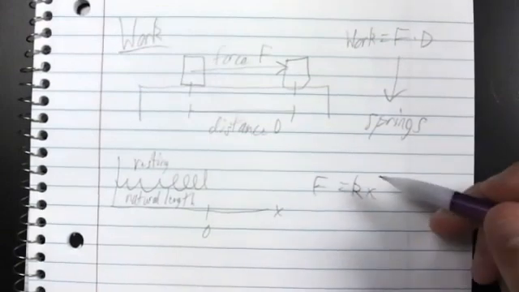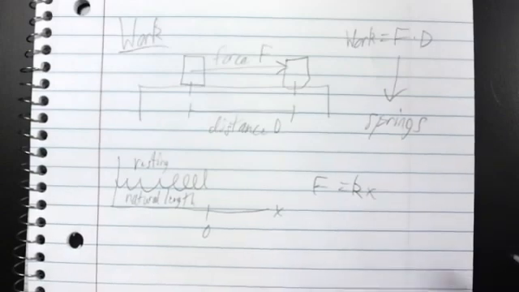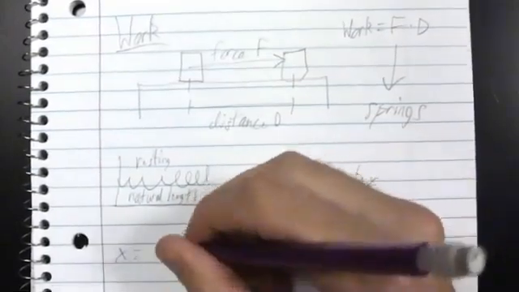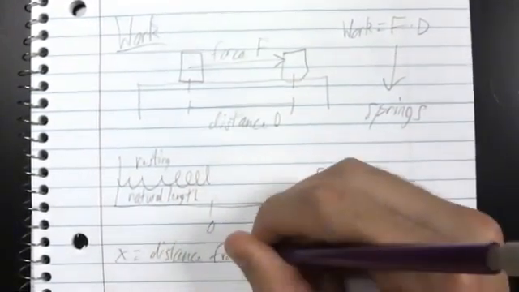So it's this idea of F equals kx. Kind of important. Okay, we're good so far. In this, we have x equals distance from rest.